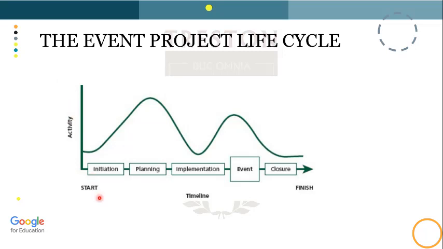During the initiation phase, this is the activity, and the planning stage is where there is the most activity in an event. Then implementation, and during the event it heightens again, and then there's closure. This is the end of your event.